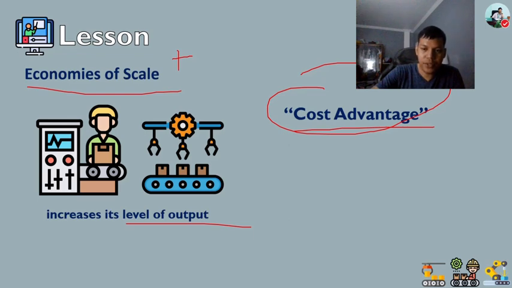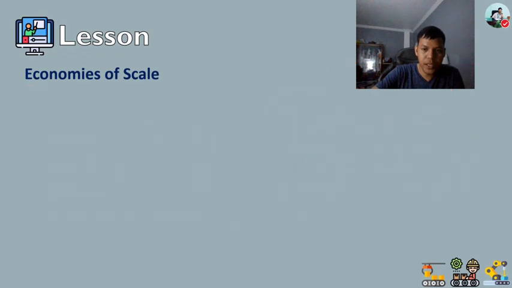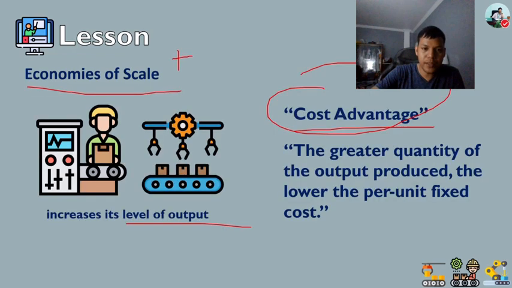So the advantage arises due to the inverse relationship between the per unit fixed cost and the quantity produced. Okay, so it means that the greater the quantity, and quantity means the number of outputs or finished products, the greater the quantity of output produced, the lower the per unit fixed cost.